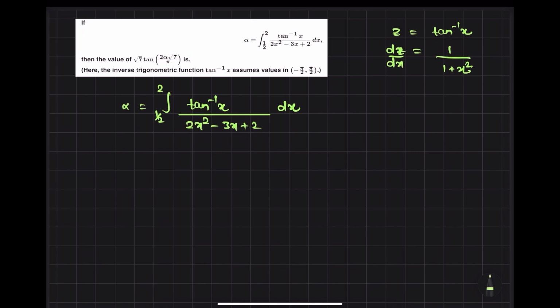So I don't think taking tan inverse x as z will help us, guys. Okay, now we have this thing in the denominator. If you take the denominator as z, you will never have tan inverse x, not even in your wildest dream, correct?